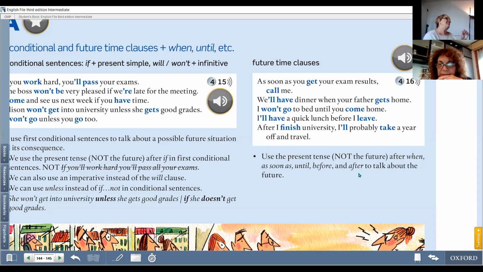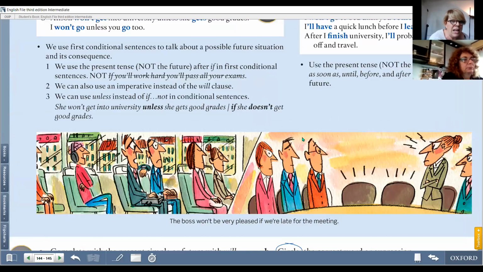This is the only mistake that you made, because you didn't use the present tense. You confused present tense and will. You have to remember that after when, as soon as, until, before, and after, you use the present tense and not the future.